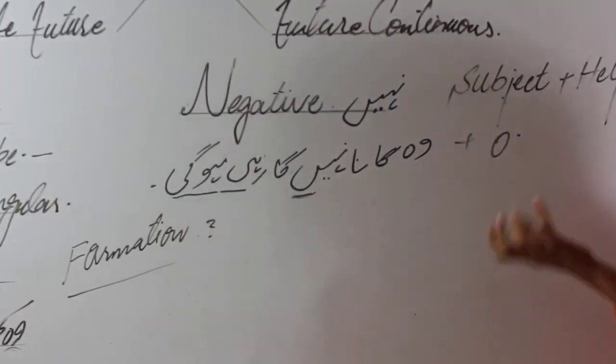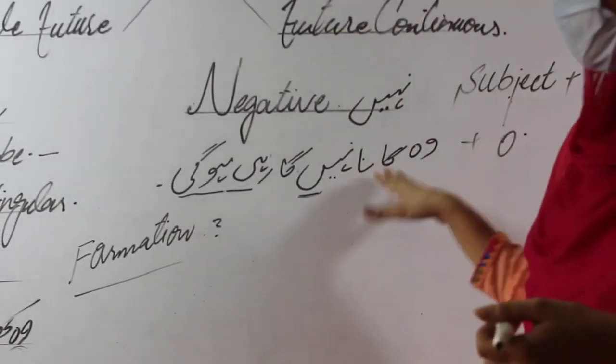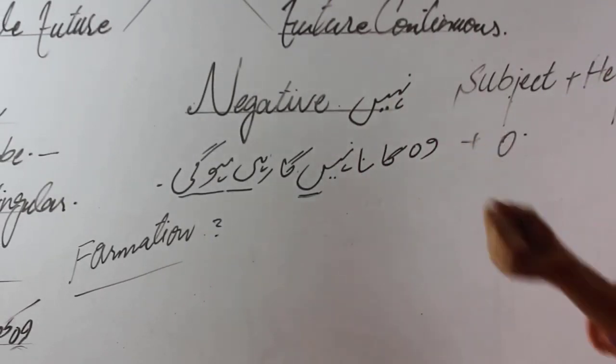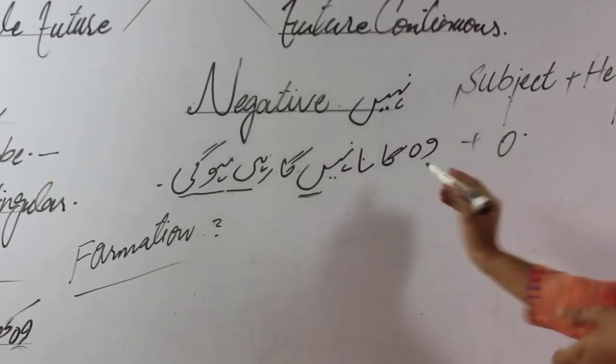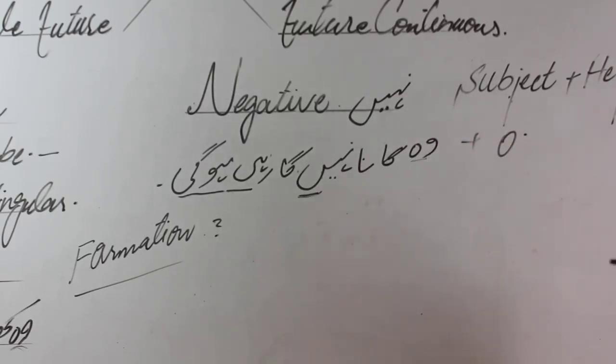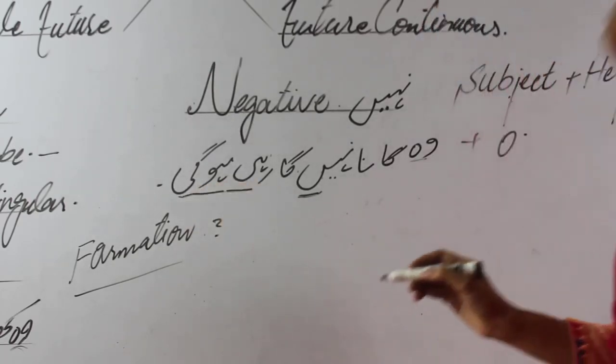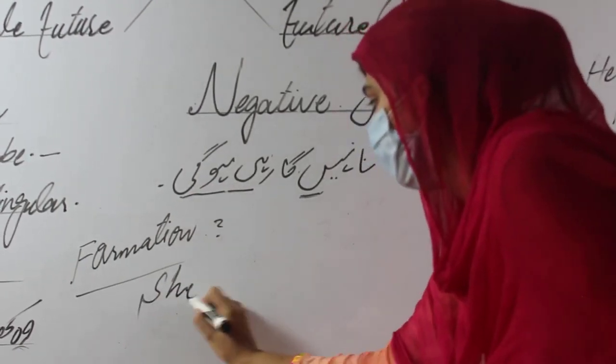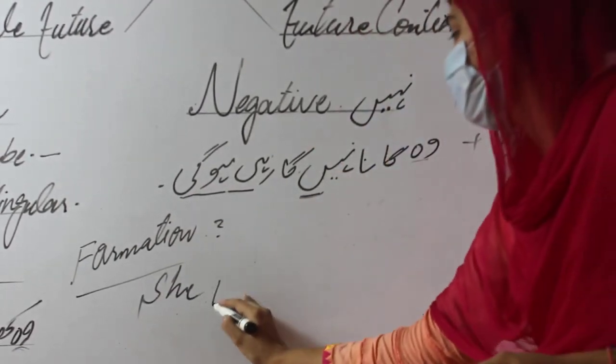Firstly, recognize where is the subject. This statement is clearly showing that this one is a singular thing. Wo, just for example, wo is a subject because the action performer is wo. Then we are talking in the statement about a girl, so we will put she. Now put the helping verb, she will.